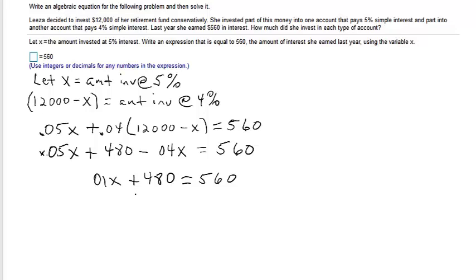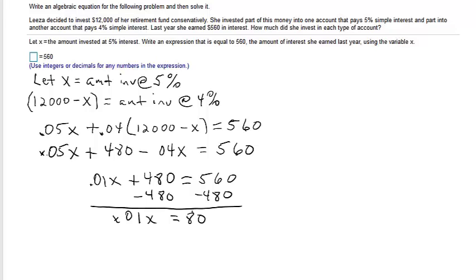Now we're going to subtract 480 from both sides. So that would give us 0.01X equaling 560 minus 480, which is 80.